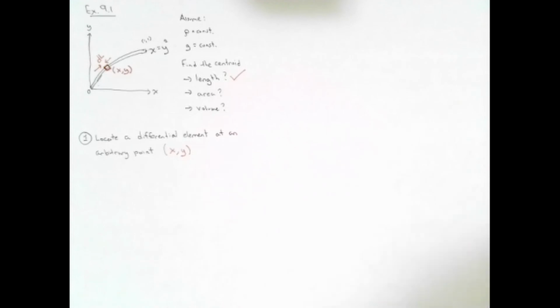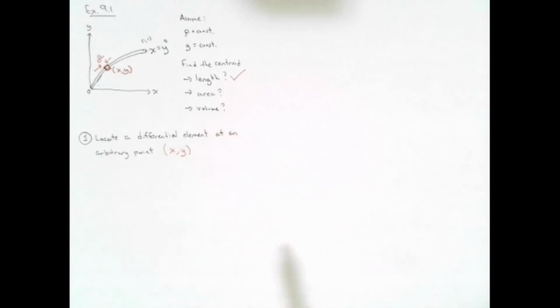You want to locate a differential element at an arbitrary point. Hopefully this looks easy for now. If it were an area, we would locate a differentially small area at an arbitrary point, but we can think about that later. So right now, let's find a tiny element at a random point along the rod. I'll call that point xy.